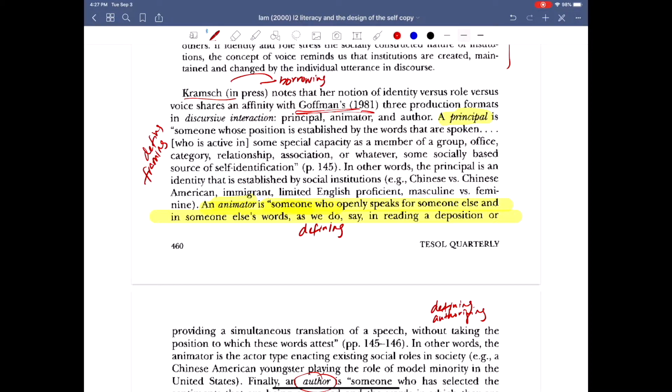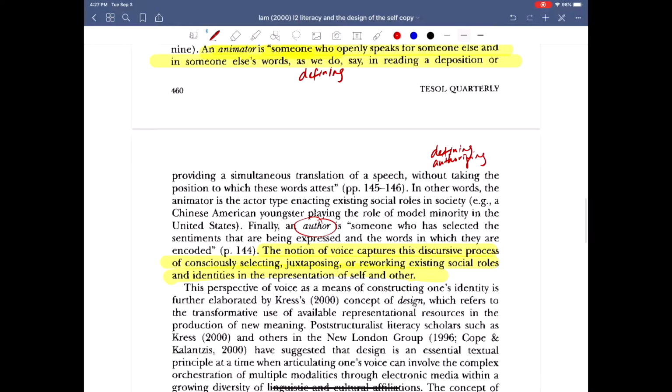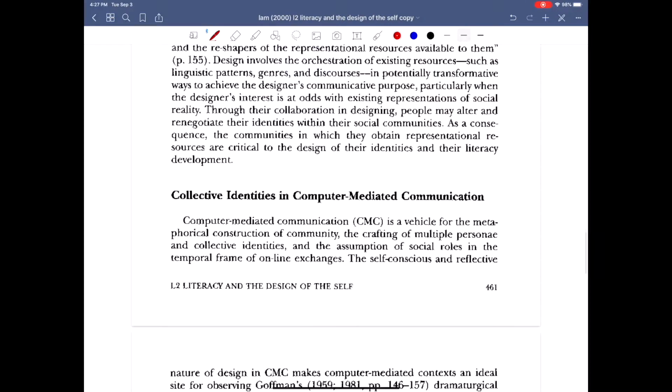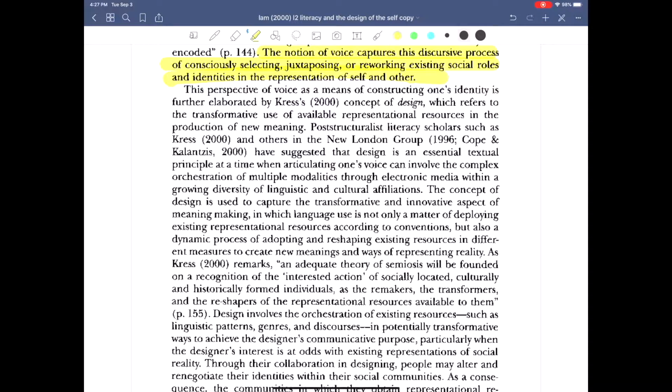Now here is another person that she's going to bring into her framework. Again, more defining. If you've taken digital literacies with me, these names, maybe not Kress, but if you took digital literacies with me, you should remember Cope and Kalantzis, and Kress is part of the New London Group.